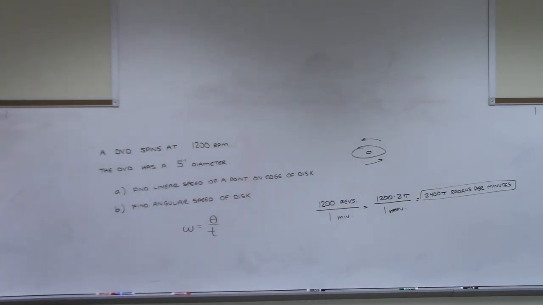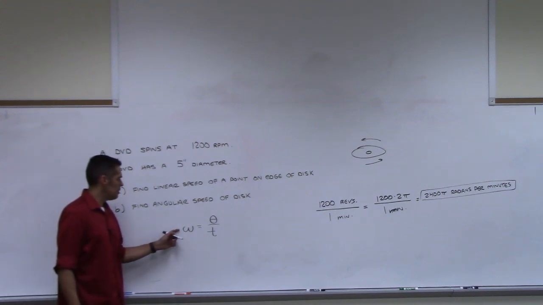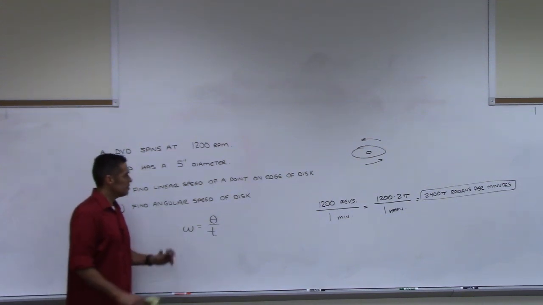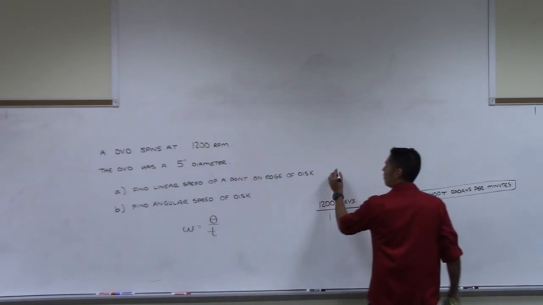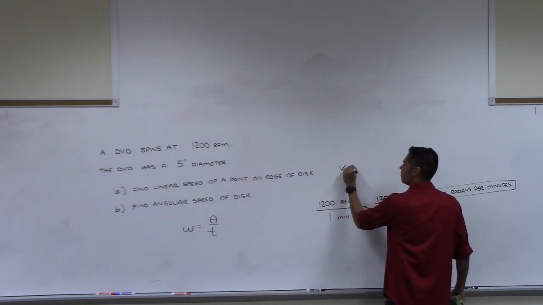So how do we find the linear speed of a point? Multiply the what? The radius with that, right? The radius times this? Okay, so if you like formulas, what was the formula for linear speed?